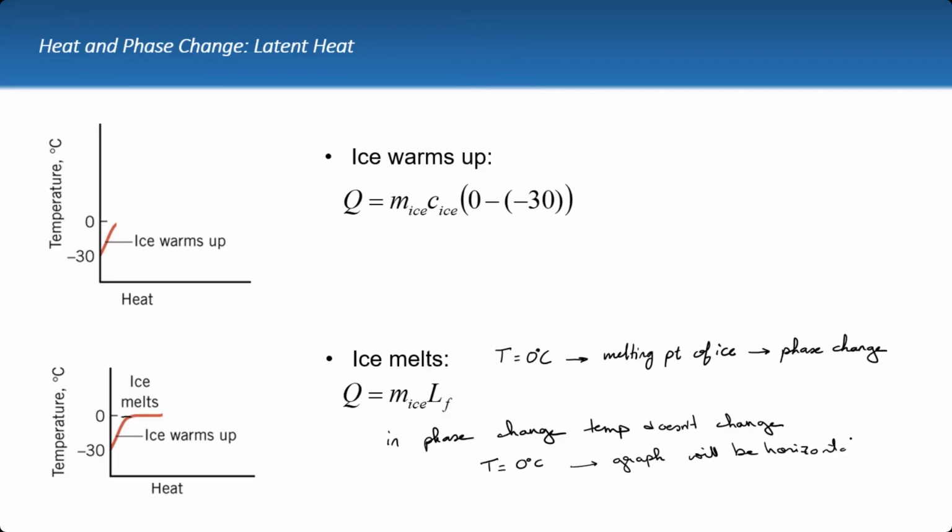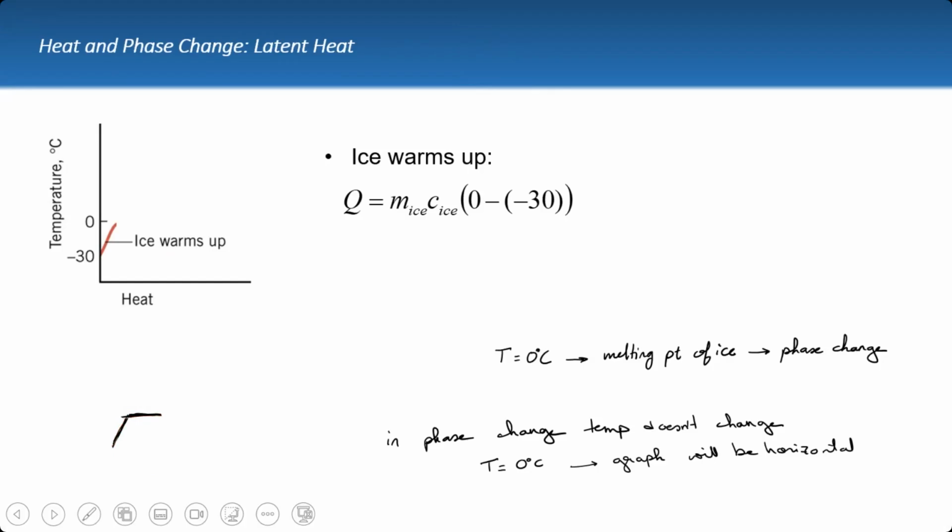I want you to take a look at our graph. This is a temperature versus heat graph. So essentially, if the temperature is changing, you will see the graph increasing as here or decreasing. But in the phase change, you notice how the temperature is always 0 during the whole melting process.